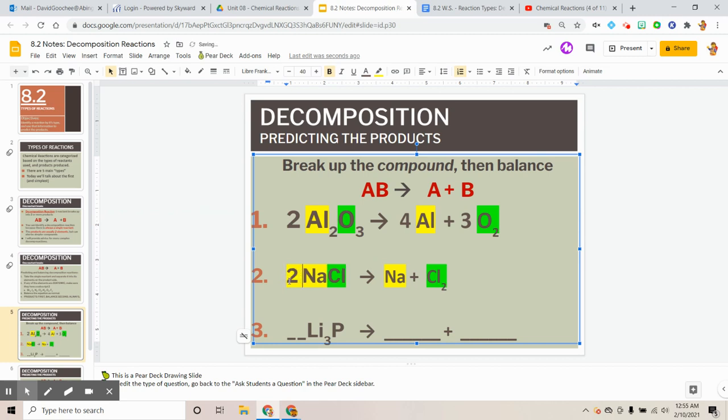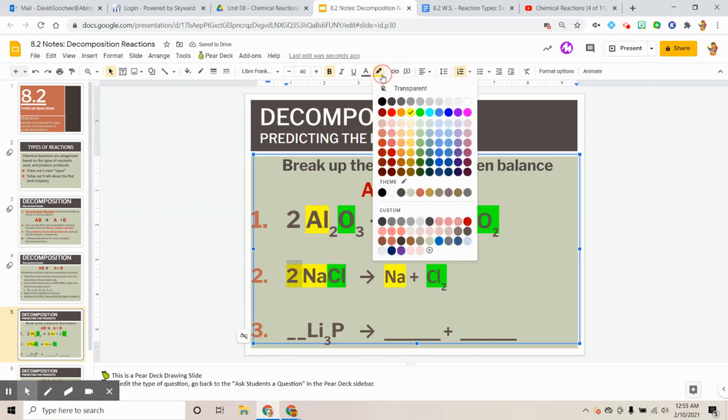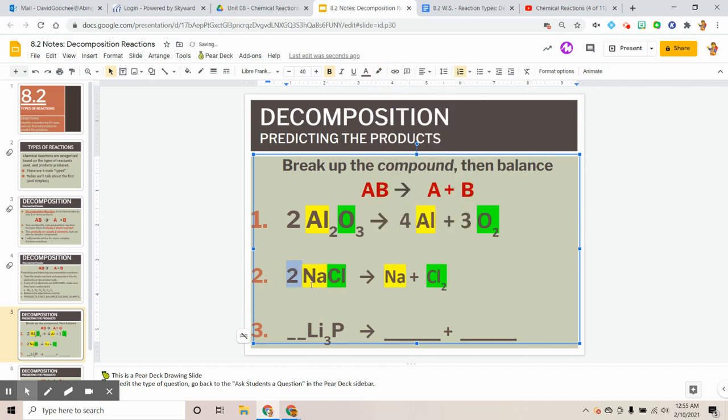So we got to put a 2 in front here. Okay, putting a 2 in front. But then that changes our sodiums. Now we've got 2 sodiums over here and only 1 over here. So I'm going to put a 2 right there. And now we have a balanced chemical equation. Okay, so there we go. There's another example of a balanced chemical equation.